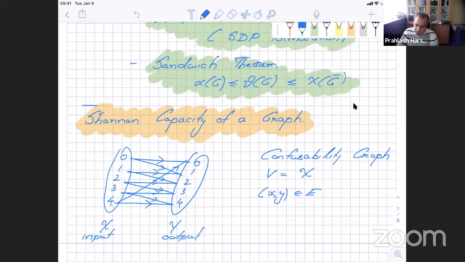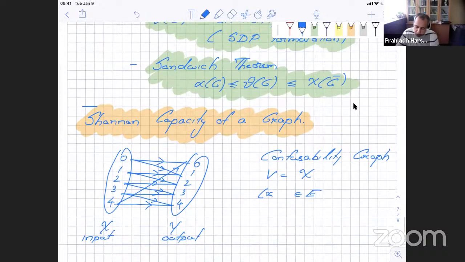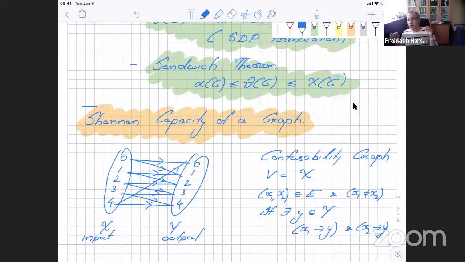That is, there exists a y in the output alphabet such that x1 goes to y as well as x2 goes to y, and x1 is not equal to x2. So I put an edge between two distinct input alphabets if there's a possibility to confuse them.